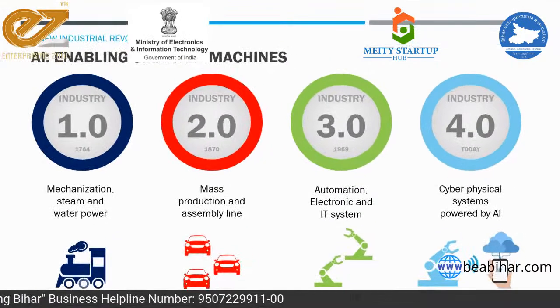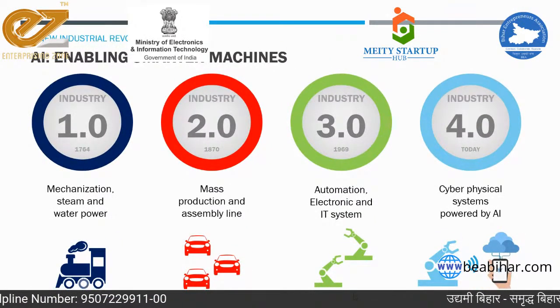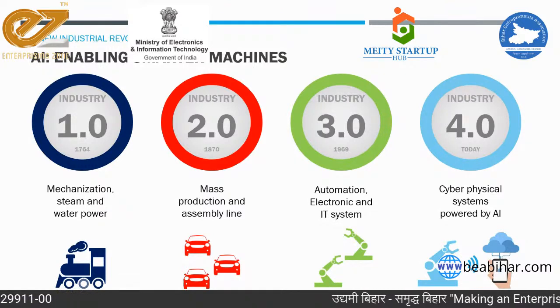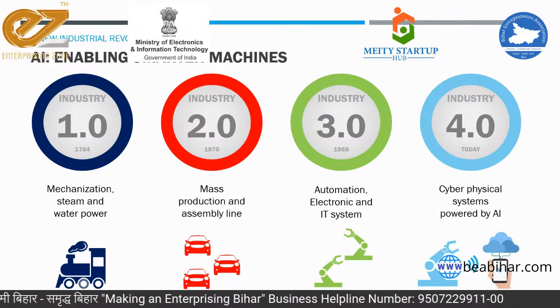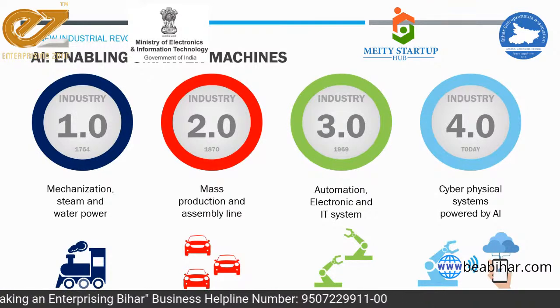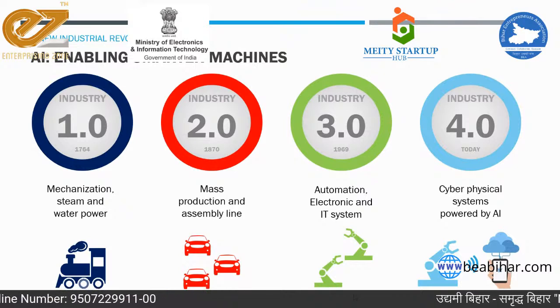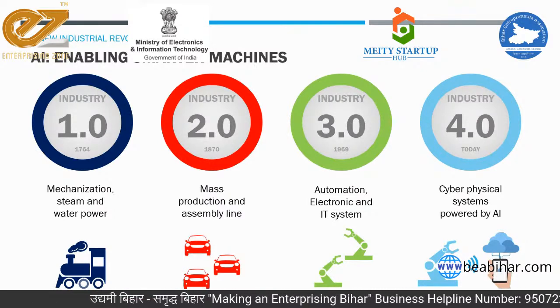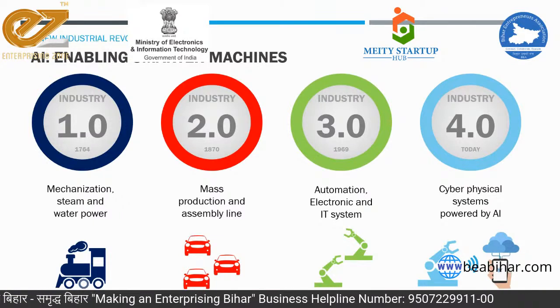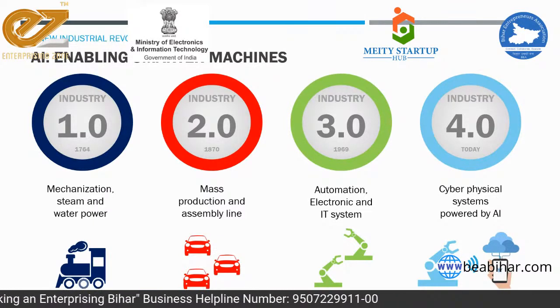When a lot of cars needed to be produced, Henry Ford came up with this assembly line invention. The third industrial revolution started around 1970, and it was about using electronic systems, and a lot of it revolved around automation of the machinery used in the industry, right? But the current industrial revolution that we are witnessing, which is Industry 4.0, is going on today, right?